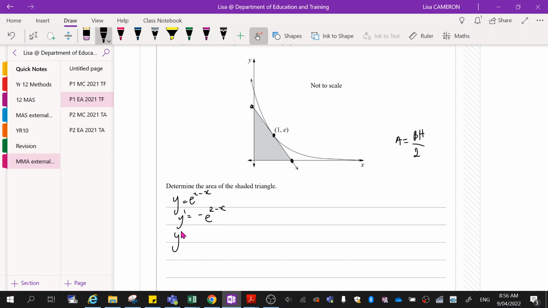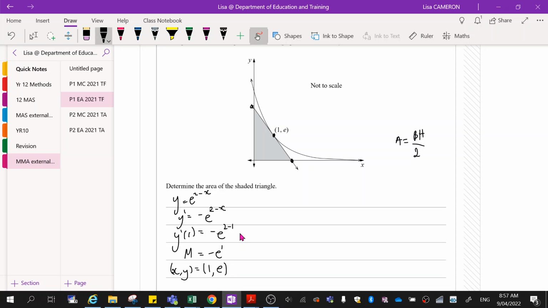I can now find the gradient at that point by substituting in our x value of 1. Minus e^(2 - 1). So it's going to be minus e to the power of 1. Okay, so now I've got the gradient at that point. So this is the gradient. I've got my coordinate. So (x, y) is equal to (1, e).